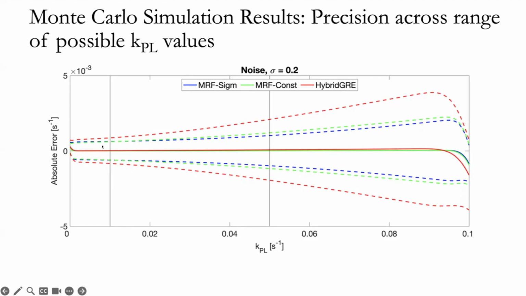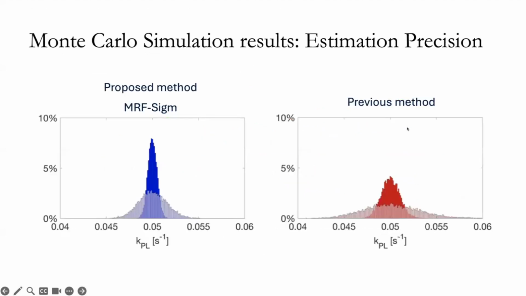Like at the very, very low KPL regime, constant flip angle and sigmoid flip angle perform similar, and maybe the constant flip angle outperforms it slightly. But for the rest of the KPL space, particularly in the high ones where we expect pathology to reside, the sigmoid-based approach was the most precise.